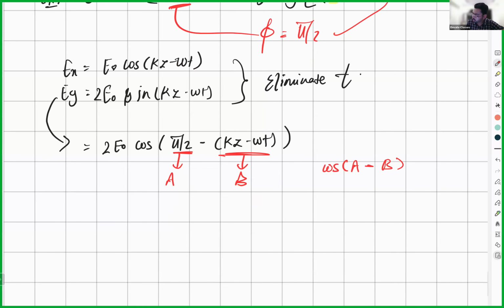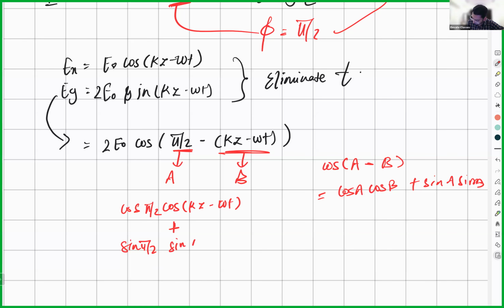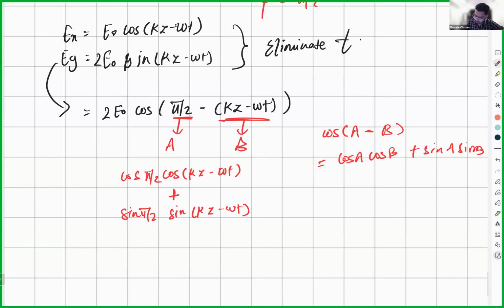So this becomes cos A cos B plus sin A sin B. Now cos of pi by 2 is 0, so the first term vanishes.